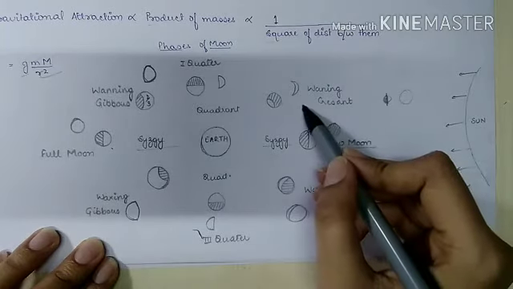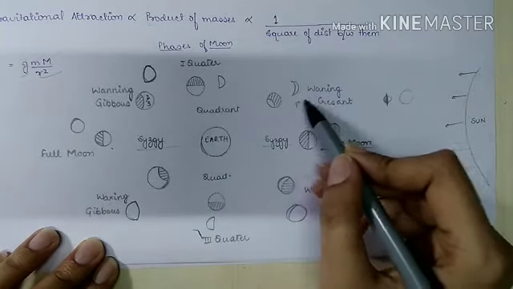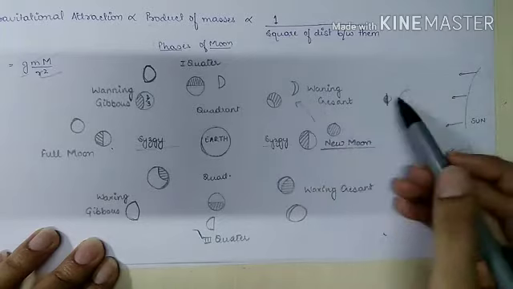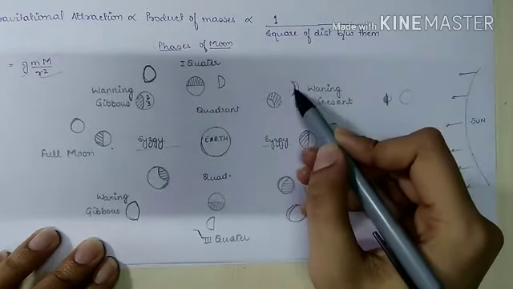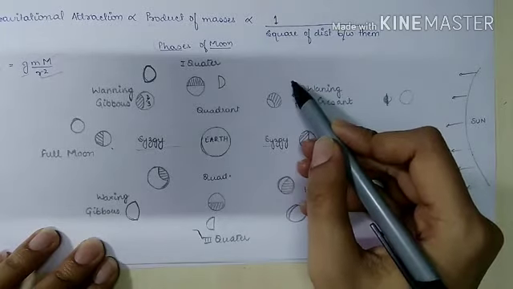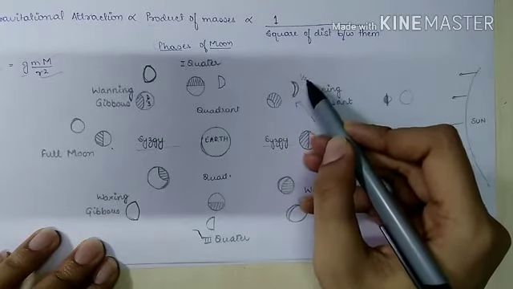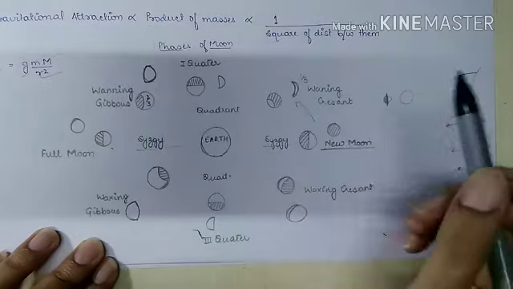Then going further, we have the waning crescent. The waning crescent starts when a small part, about 1/3 of the moon, is visible to the earth.